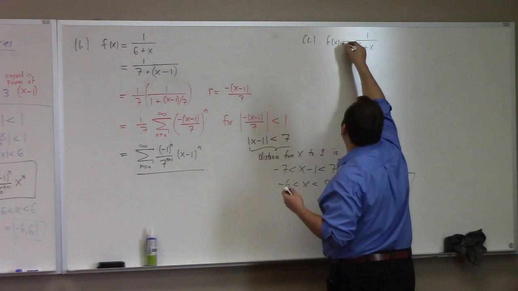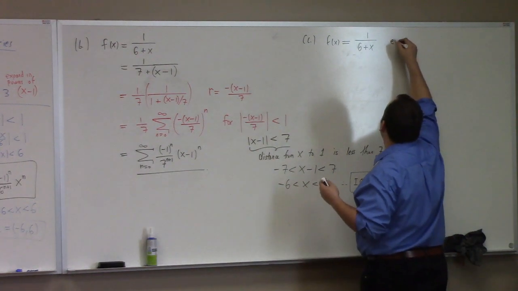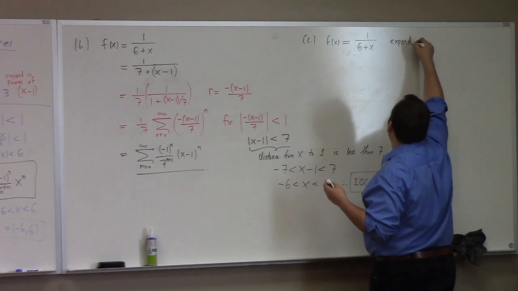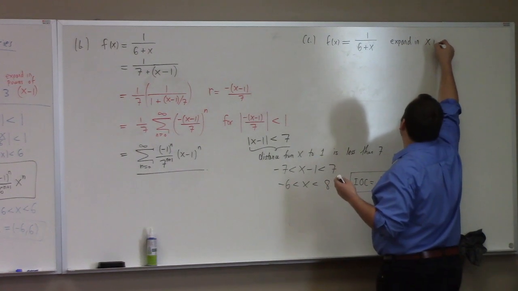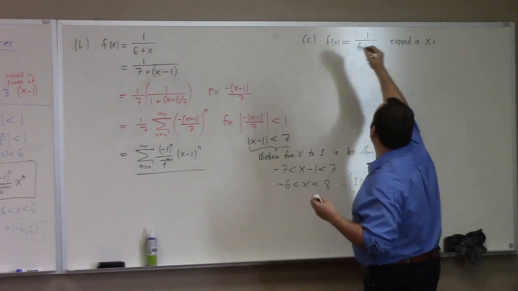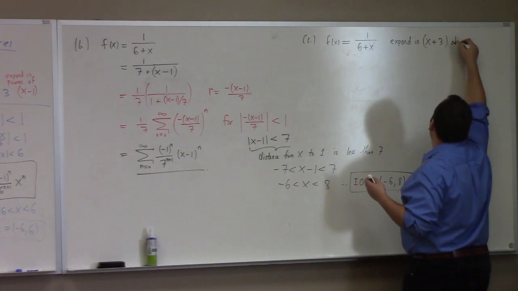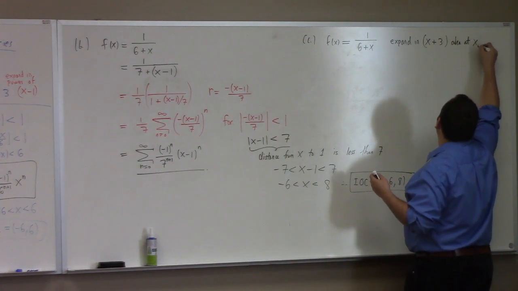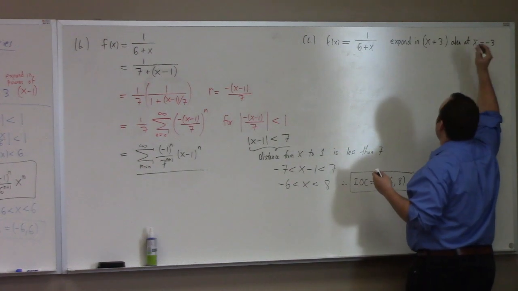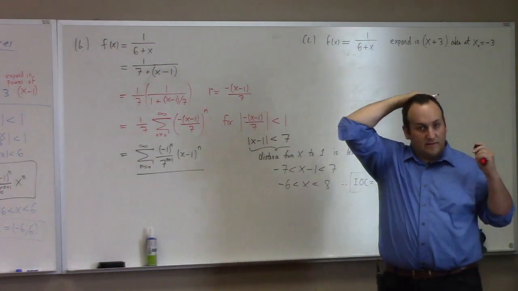So if we want to expand in x plus 1. Did I say minus 3? Oh, x plus 3 then, right? AKA at x naught equals minus 3, right? Because we always expand in x minus x naught.